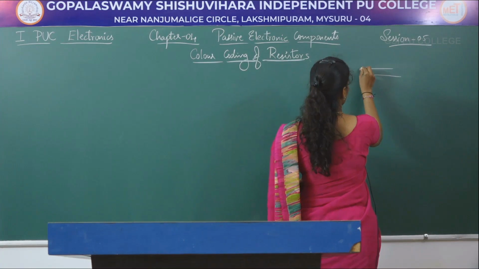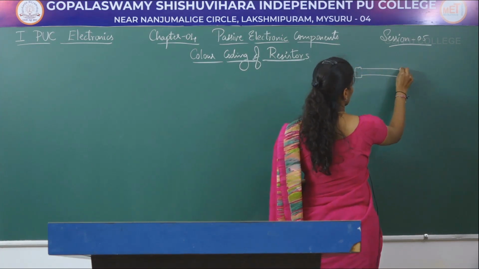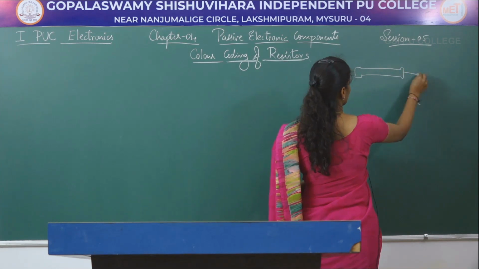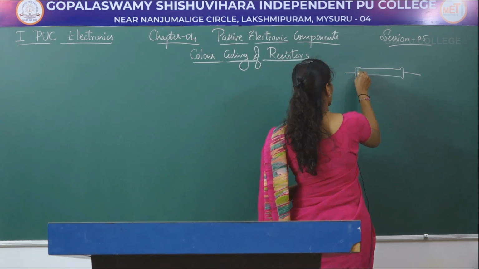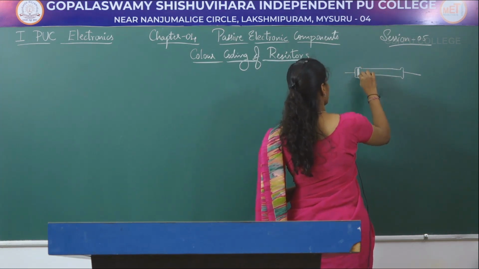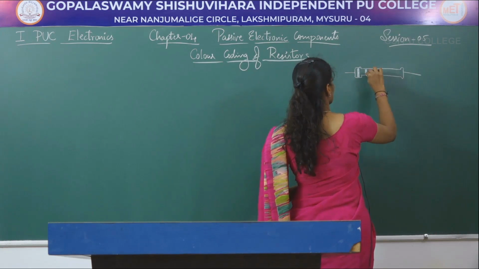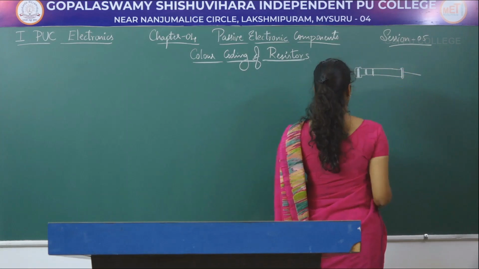This is one resistor. If I consider this as a 4 band resistor, one band will be present here, then the second, the third band, and this will be the fourth band.